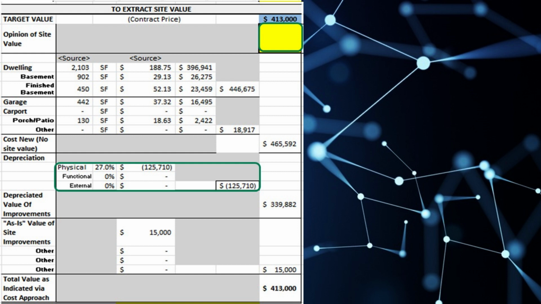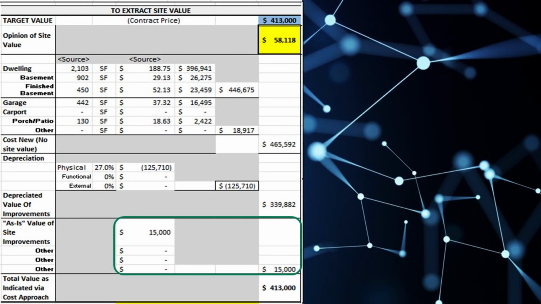For simplicity's sake, it's simply accrued depreciation at 27%. When you deduct the depreciation of $125,710 from the cost new of $465,592, you end up with a depreciated cost of the improvements of $339,882. However, we don't have a site value yet, and that's exactly where we're going.